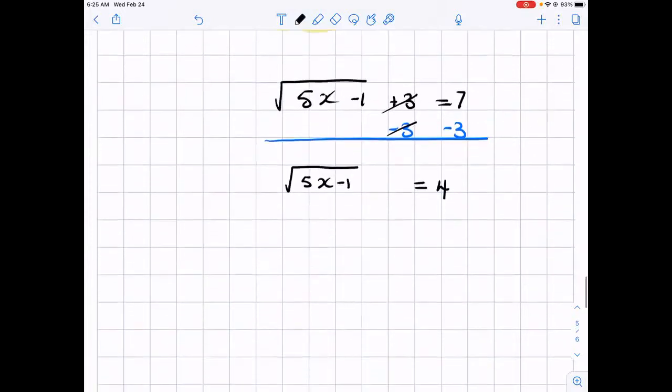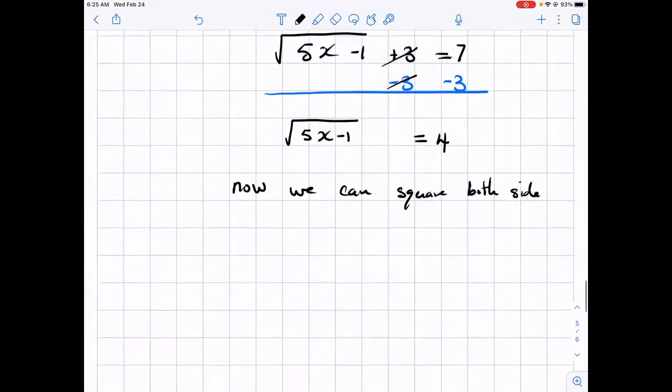Now, this is by itself, the radical is by itself. We can now square both sides. So once one side has the radical by itself, we can square. So we have the square root of 5x minus 1.